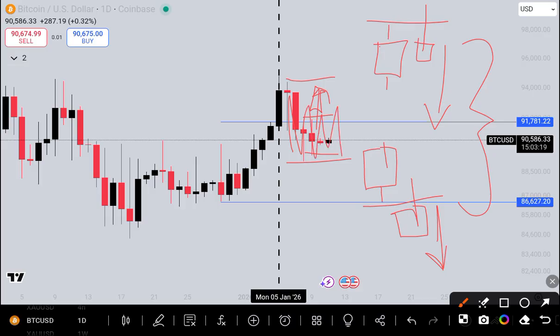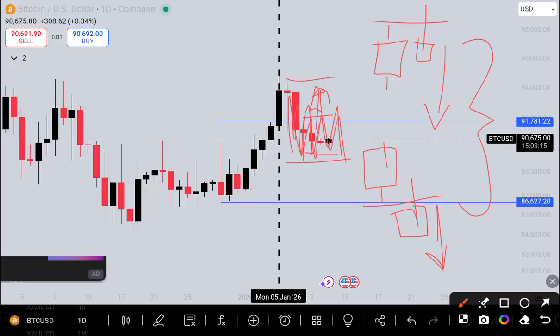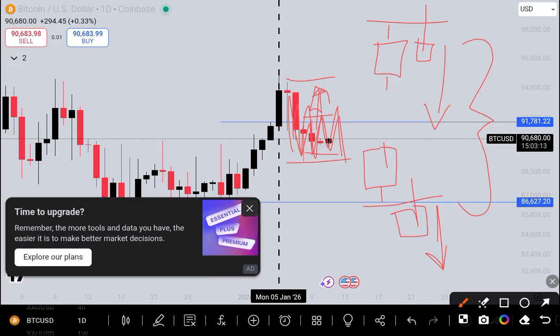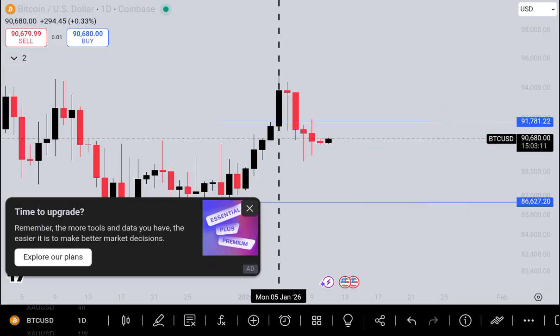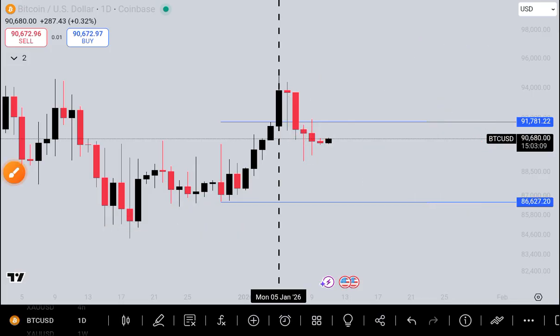consolidation move. Even though it appears to be going downwards, it is a consolidation, a choppy movement, which is not something we want to trade in. We want to get in on clean movements, like this or like this. So what we're expecting right now on the daily time frame is either of those two instances I've mentioned.